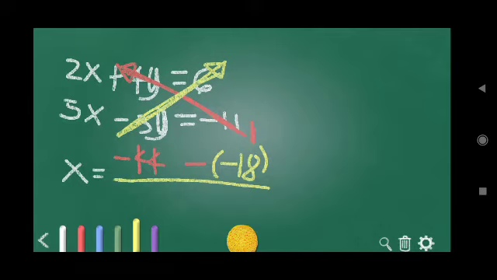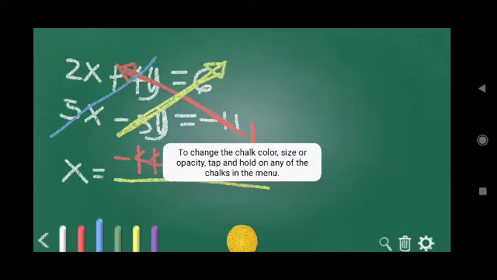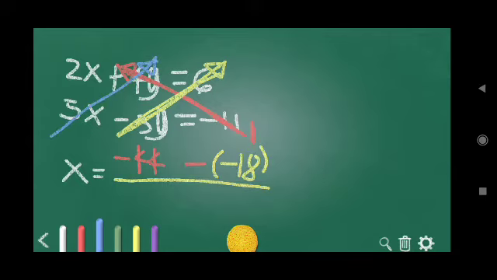Next you have this: 5 times 4, you have 20, and lastly you have this minus negative 3 times 2 is negative 6. So you can now solve for x.